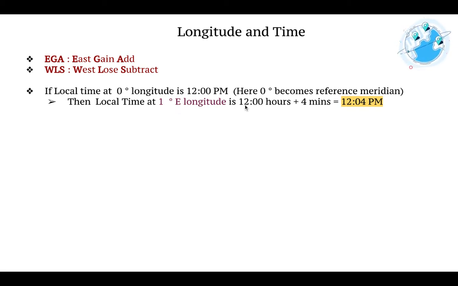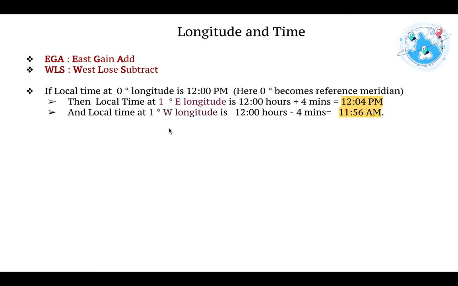It is 12 hours, the reference meridian local time, plus 4 minutes. You already know why I'm adding 4 minutes. The difference of time between each longitude is 4 minutes. So I simply added this difference of time to the reference meridian local time. Hence it becomes 12:04 p.m.